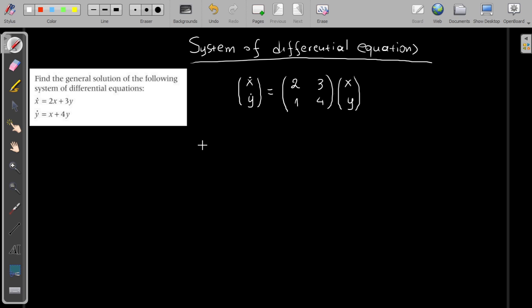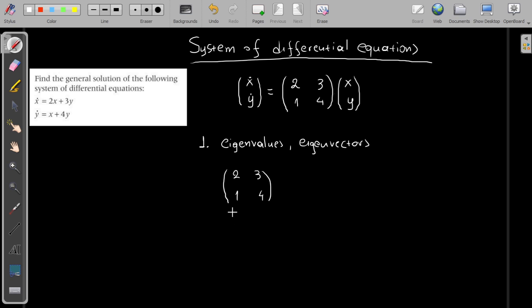Now, the first thing that I have to do when I'm trying to solve a system of differential equations is find the most important thing, the eigenvalues and eigenvectors. How do I do that? First, I take my matrix 2, 3, 1, 4.